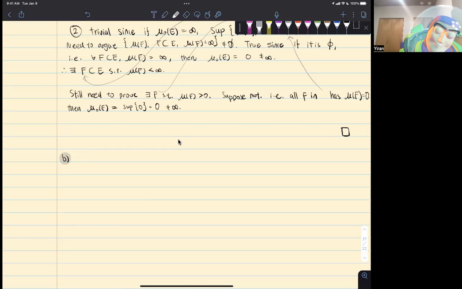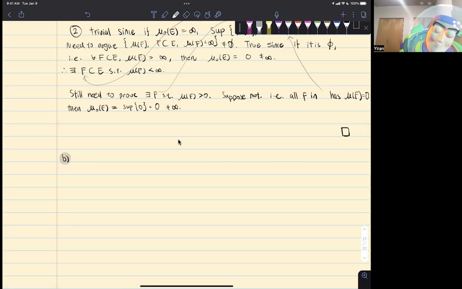So if at least one of the Ej is not sigma finite, then the whole thing is not sigma finite, so E is not sigma finite.